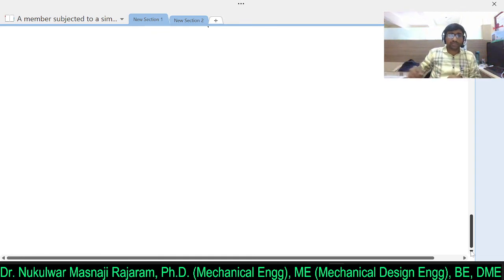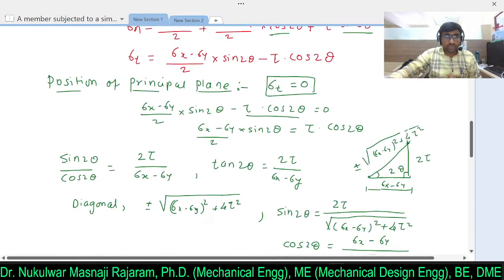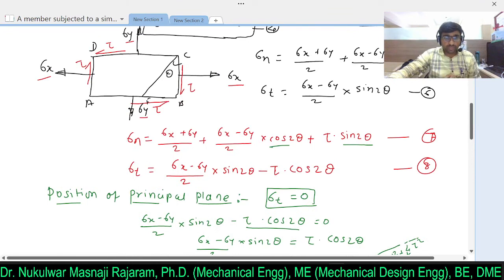Now next is a simple concept, that is the maximum shear stress. So we need to evaluate the maximum shear stress. We have two formulas: the normal stress, from which we got the principal stresses major and minor, and again we have this equation for tau, that is the shear stress.